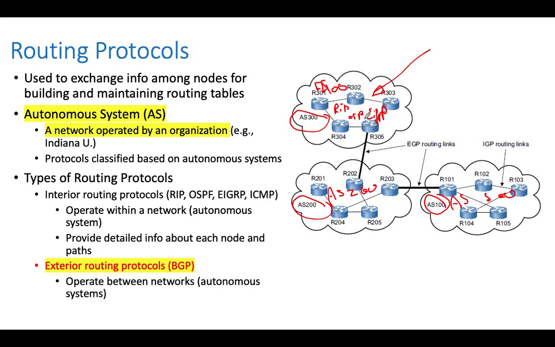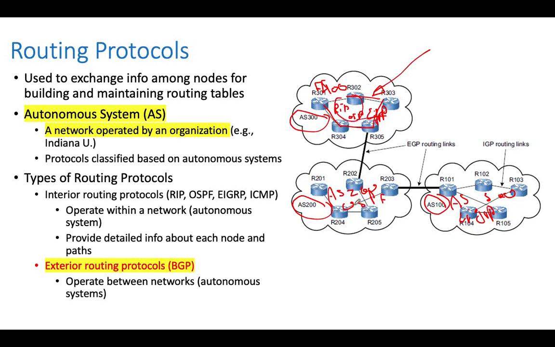Yes, and actually, look at this. You can use over here, for example, RIP, and here OSPF, and here EIGRP. Is that true? Yes, it is. So what's the concept of that? If you configure RIP, all routers inside that AS will use RIP.